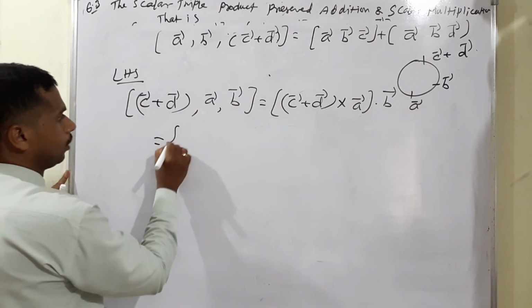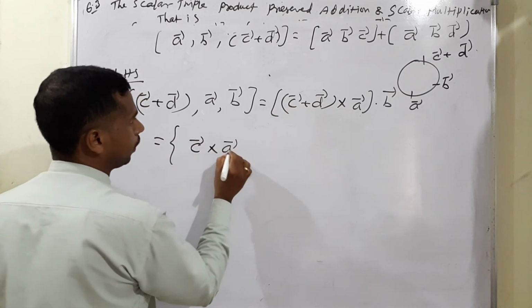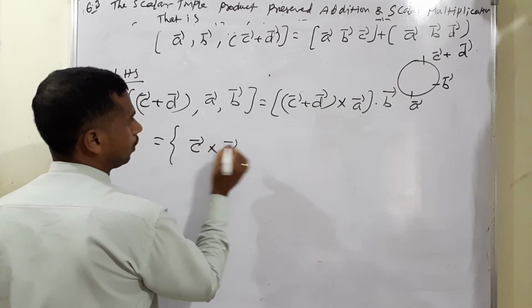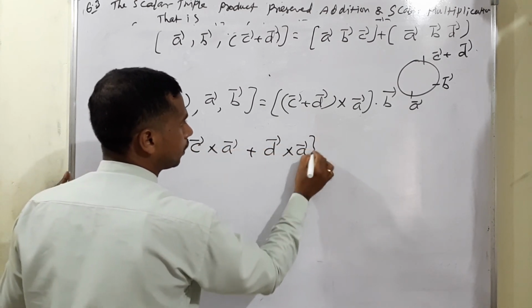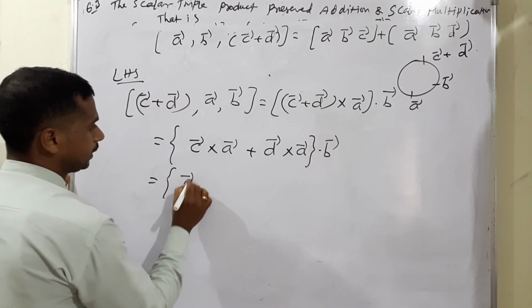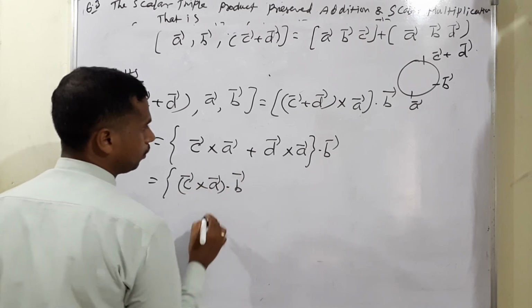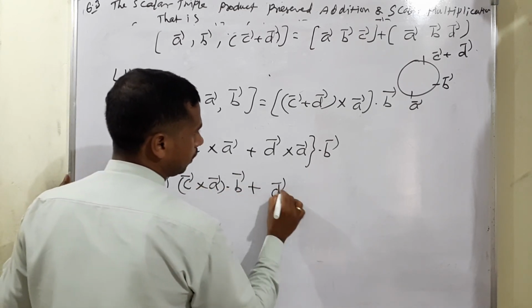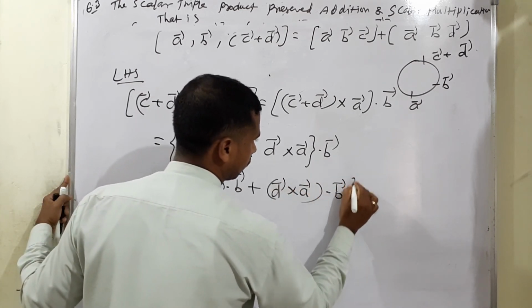Now multiply now. C vector cross A vector plus D vector cross A vector, then dot B vector. Now C vector cross A vector dot B vector plus D vector cross A vector dot B vector.